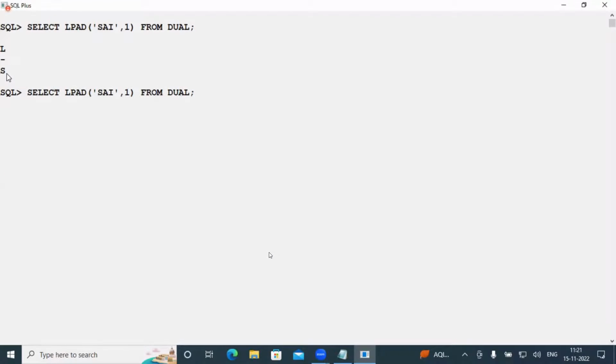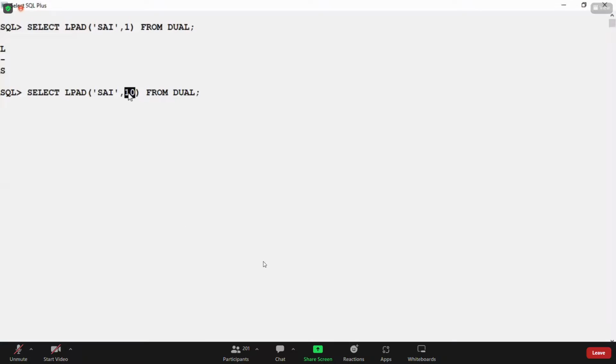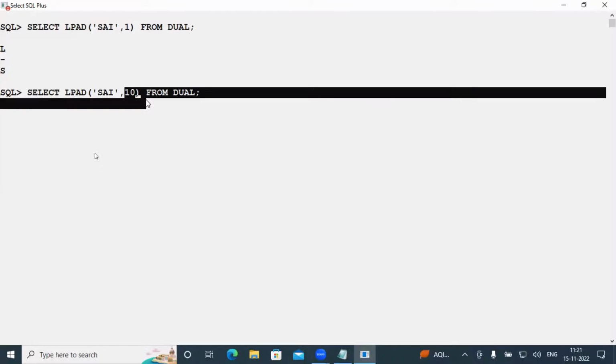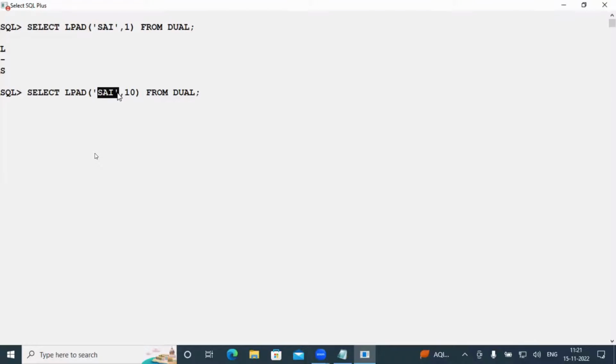Suppose I give a user defined length of 10. Then my user defined length is more than the string length. The string has 3 characters but the length is 10, so how many characters will be more? 7 characters.